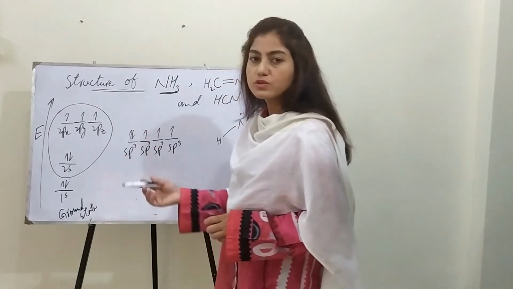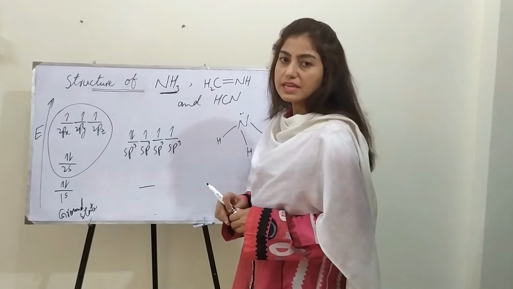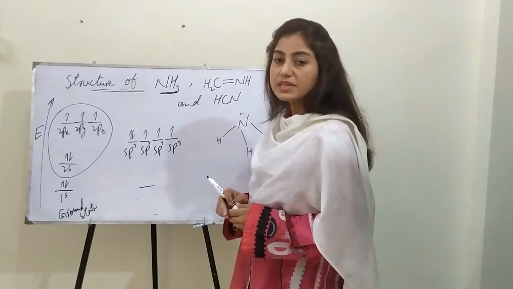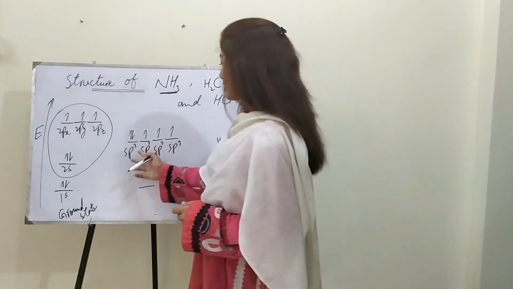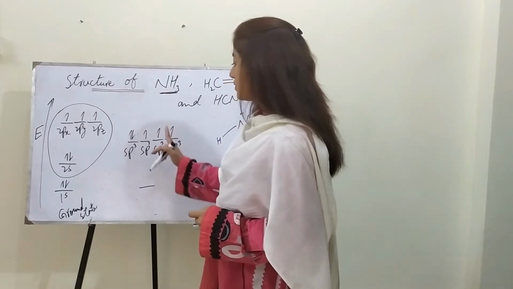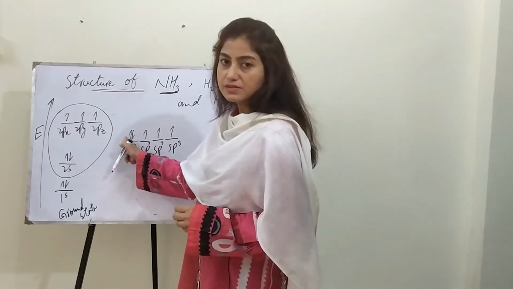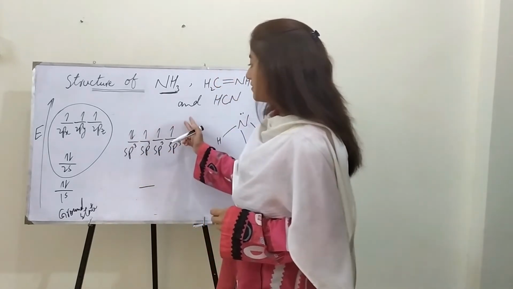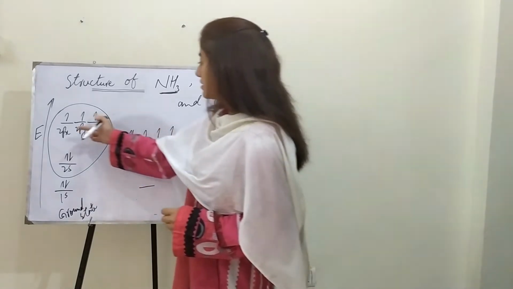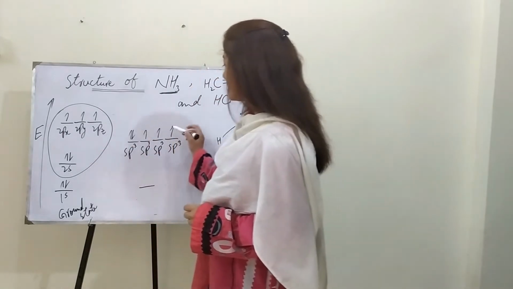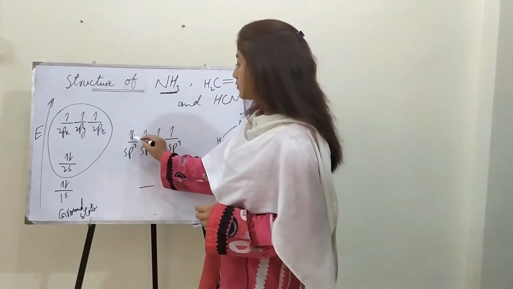Amongst these 4, only one sp3 hybrid orbital would contain 2 electrons, because you have to count the number of electrons as well. 3 and 2, 5 electrons. Here these 4 and these 5.